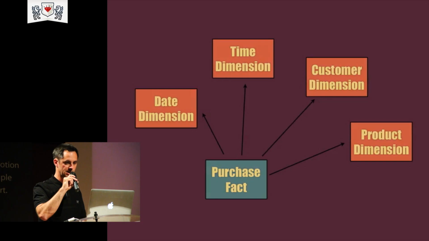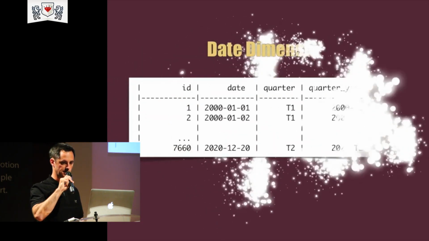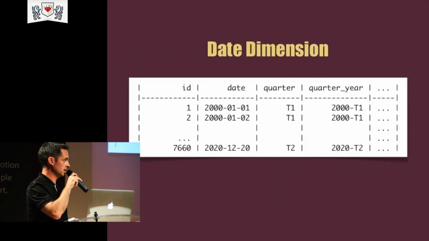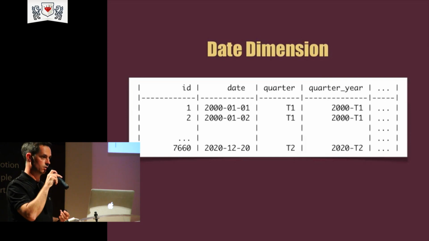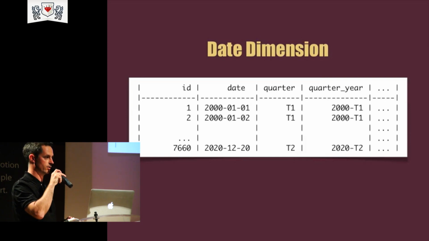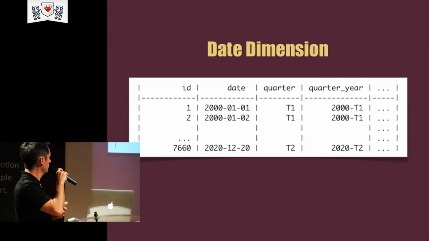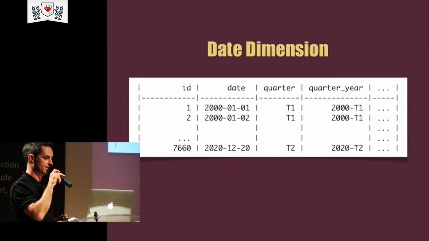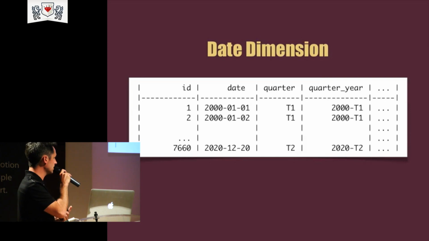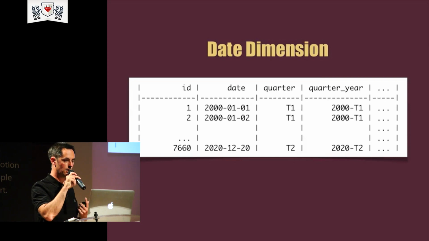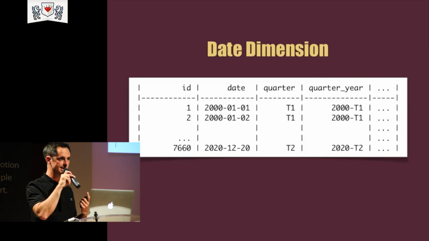Let's pick an example with the date dimension. Here, a dimension like that we would create with ActiveWarehouse-ETL would look this way. First, a technical key that the purchase fact table will point to, and then fields that are designed to make it easier for a non-technical person to create queries.